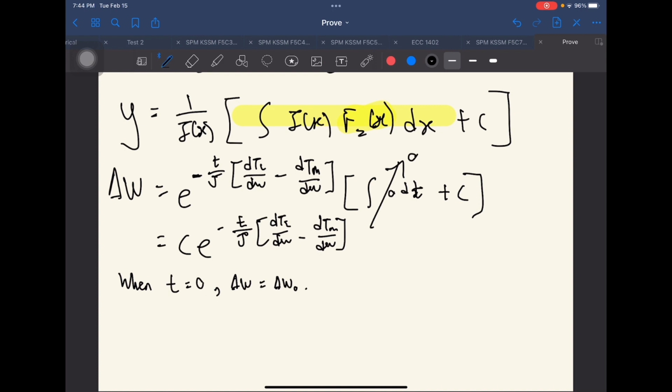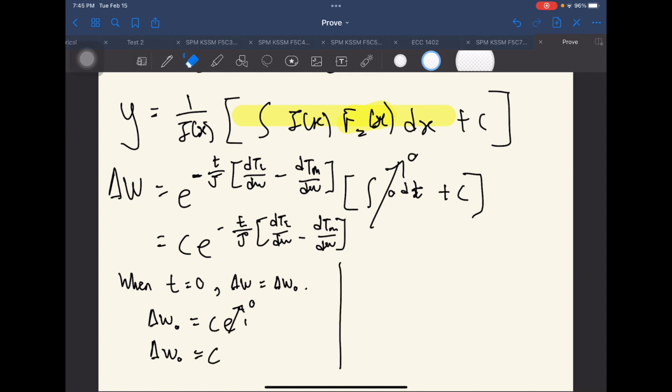So from here, you get delta omega naught equals c e to the power of negative 0 times whole thing, right? So negative 0 is 0, and e to the 0 is 1. So you get delta omega naught equals c. And from here, you sub it back into the equation. What you get? You get the final answer.